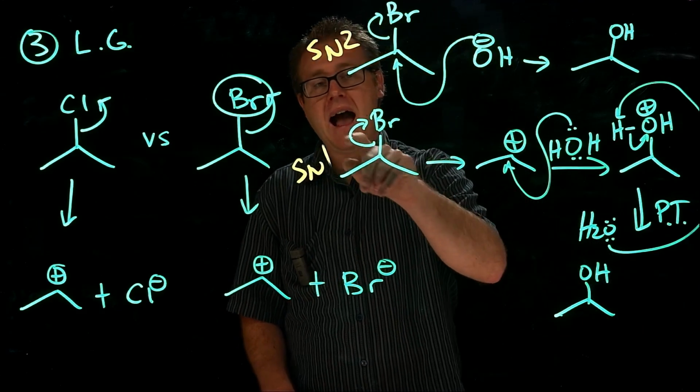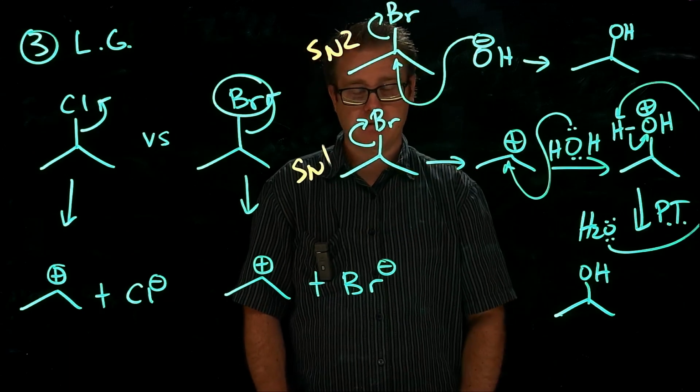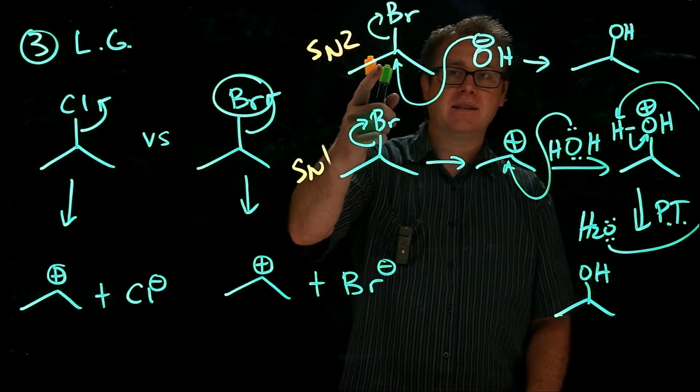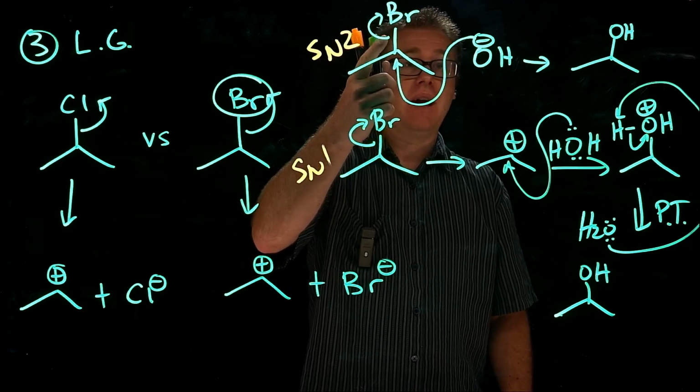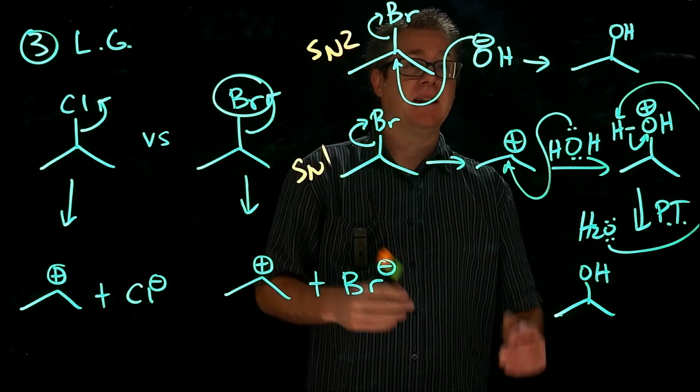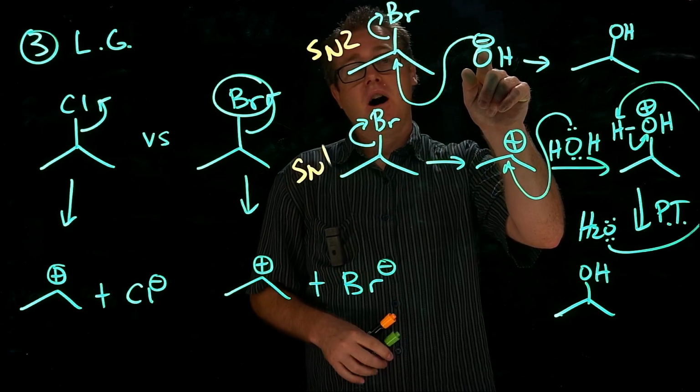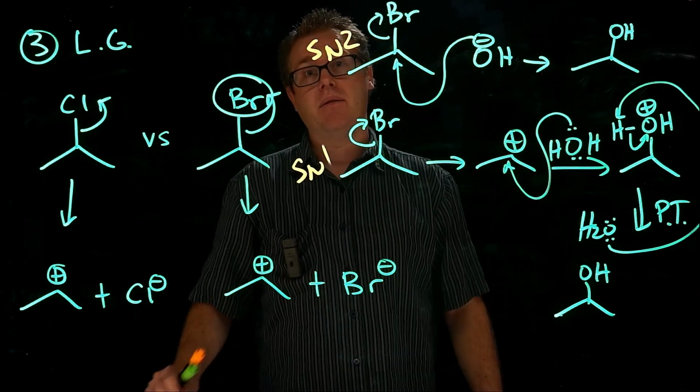The leaving group has to leave first. In an SN2, the leaving group does in fact leave, but it's kind of leaving because the oxygen atom here is kind of like kicking it off.